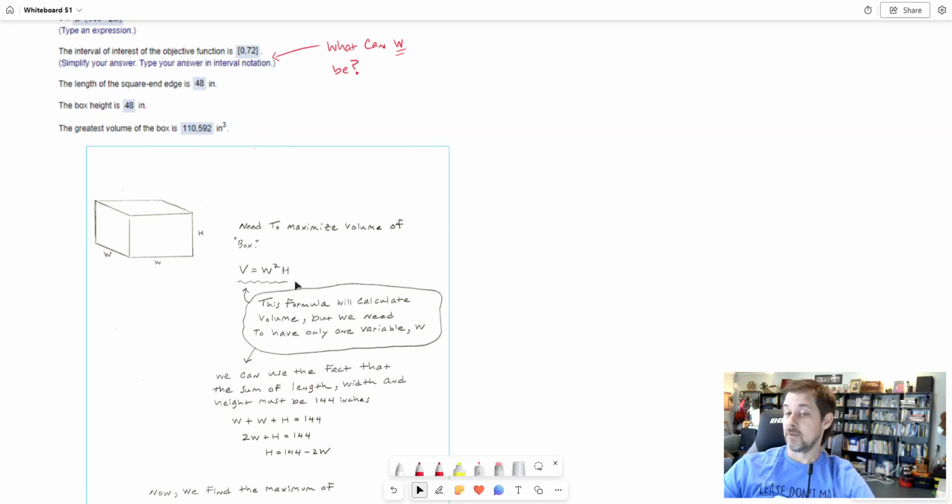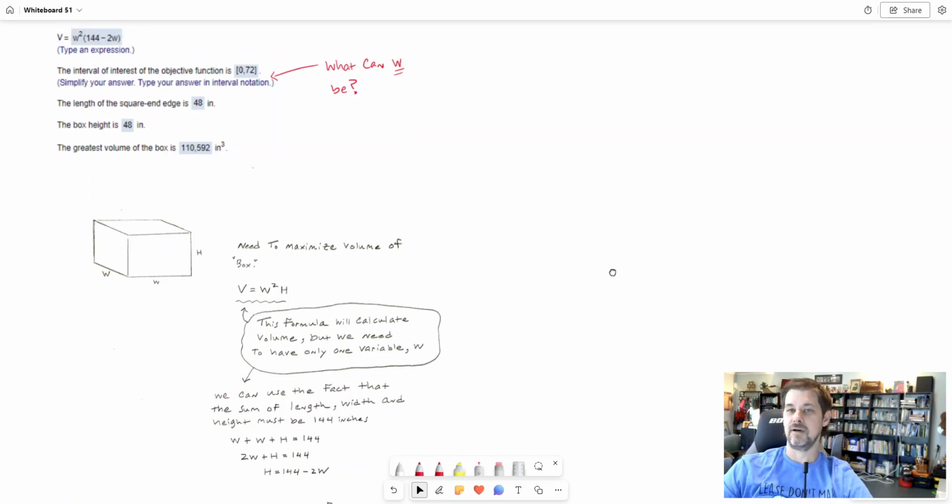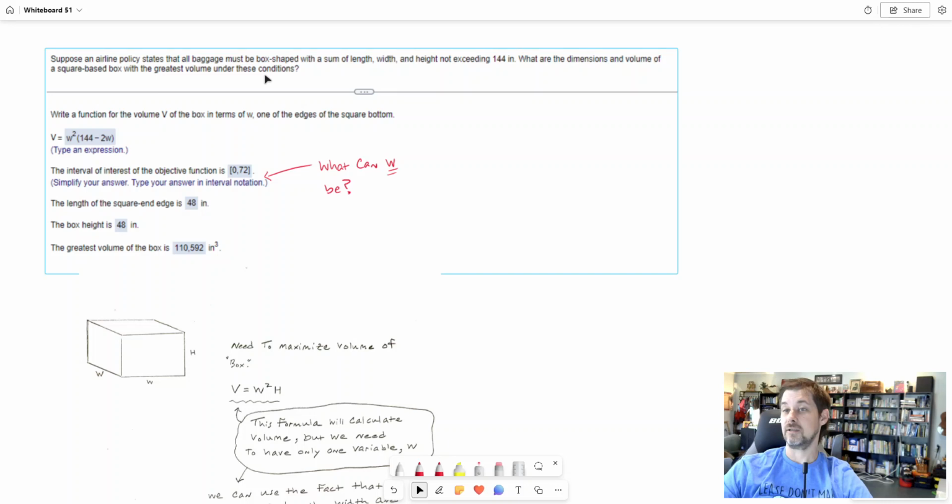All right, now, whenever we get to that point, this might have more than one variable in it. Like here in my formula, the variables are W and H. But when we do calculus, at least in beginning calculus, we only deal with one variable. So I need to reduce this to one variable, and so I try to find ways to use the other information that was given in the question to do that.